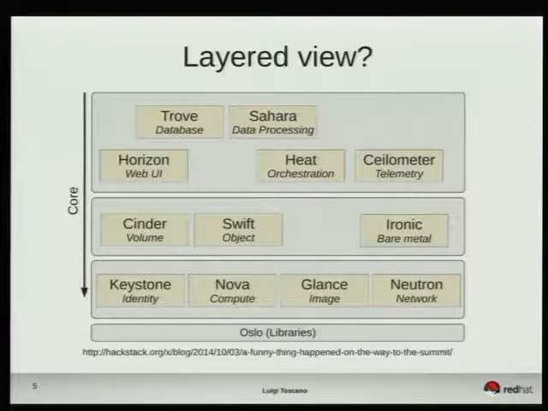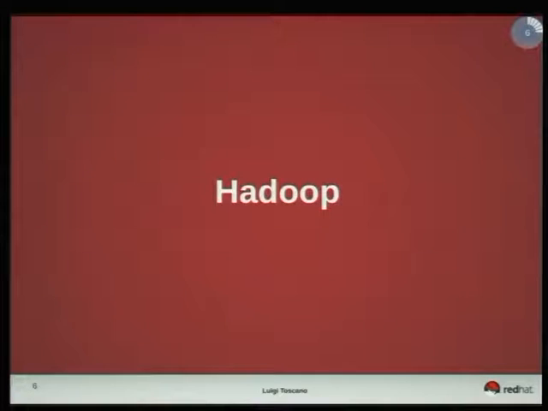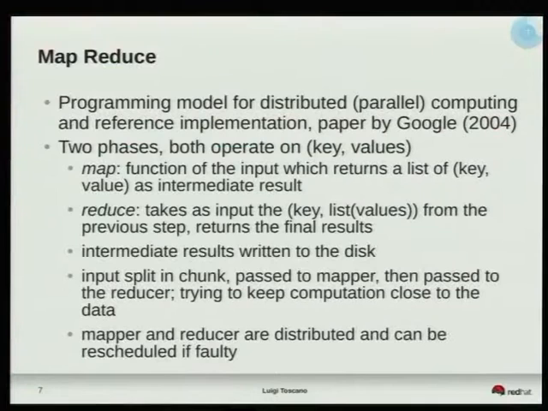Okay, let's move out from OpenStack for a minute, and let's move to Hadoop. But in order to talk about Hadoop, we need to talk about MapReduce, which is the programming model for a particular type of programs. And we are talking here especially about embarrassingly parallel programs. So you have a big amount of data.